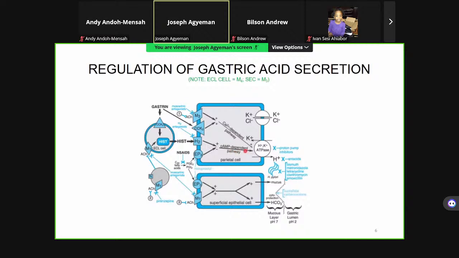Reduction of acid secretion by antagonizing the histaminergic pathway. On the superficial epithelial cells, the release of both mucus and bicarbonate. Bicarbonate neutralizes the acid. Mucus forms a cover that protects the GIT from direct contact with the acid.